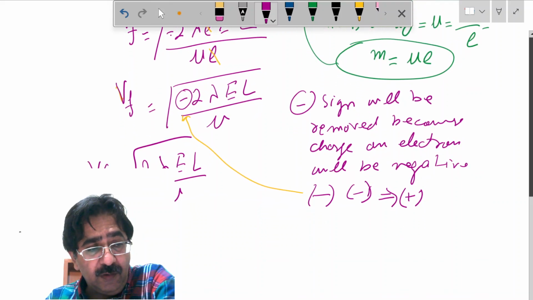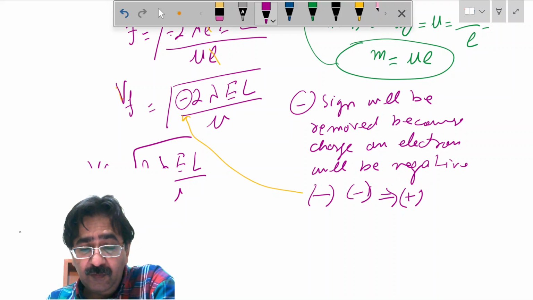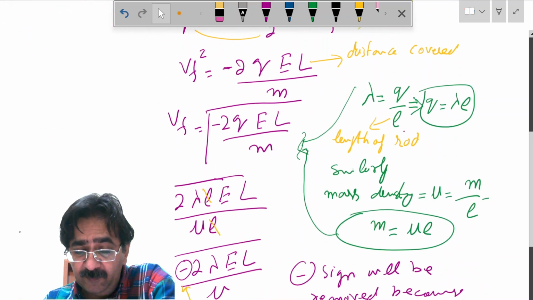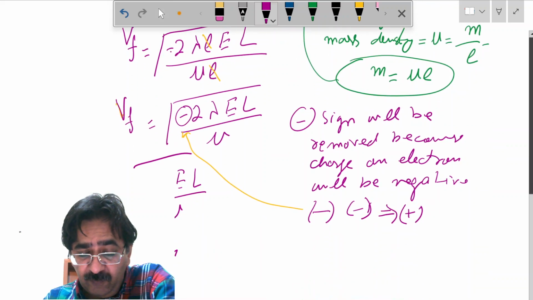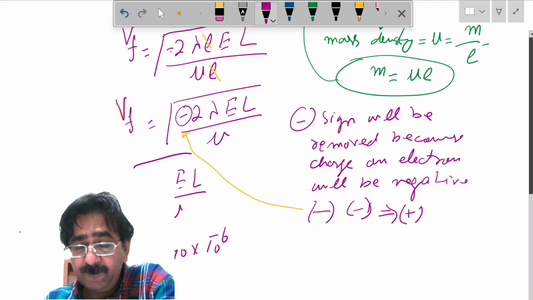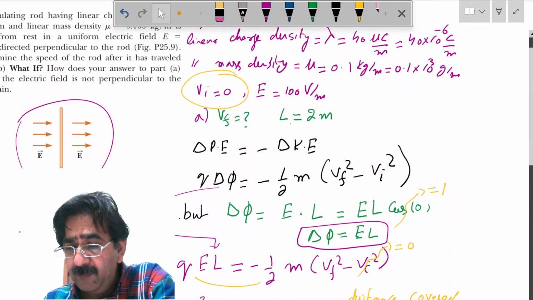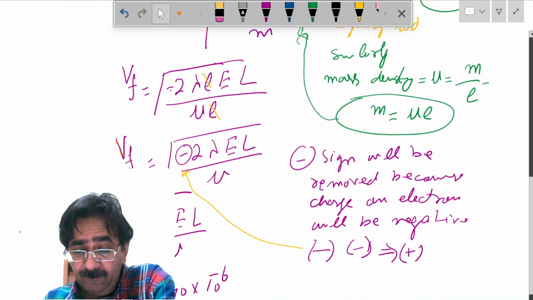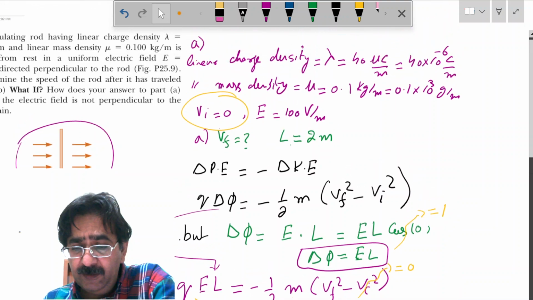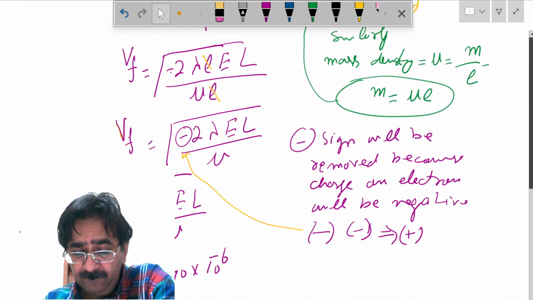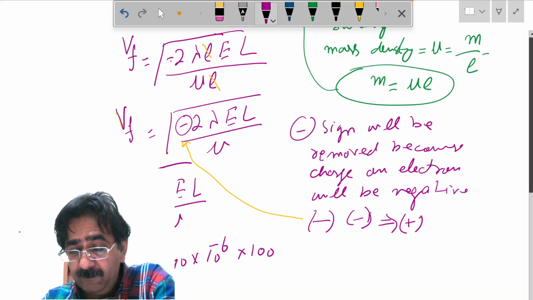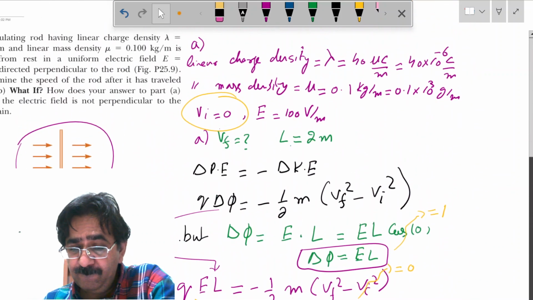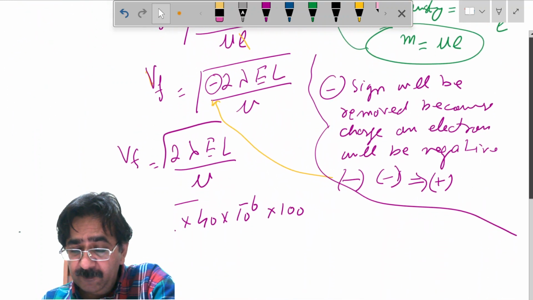So what is the value of lambda? 40 multiplied by 10 raised to power minus 6. E is also given, E is 100. L is 2 meter.